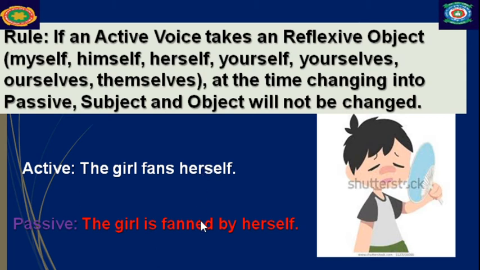It follows normal previous rules. If you see any reflexive object, like myself, himself, herself, yourself, yourselves, you should not change it, you should keep it as it is. Just the normal change will happen: verb 3 form, and be verb according to tense.